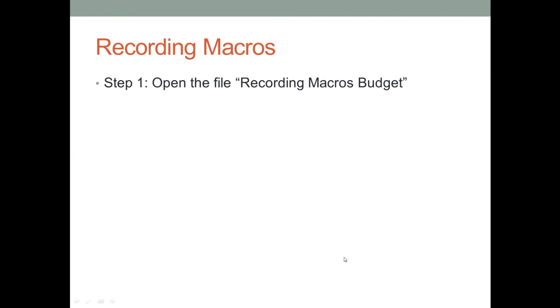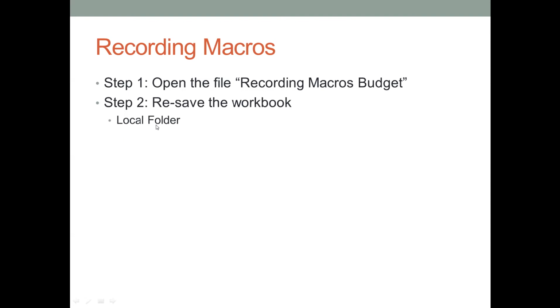Okay, so step one, we're going to open the file called Recording Macros Budget. There's a file out there. Go ahead and open that file, and then you're going to resave it. You're going to resave the workbook that you open, save it to your local folder.